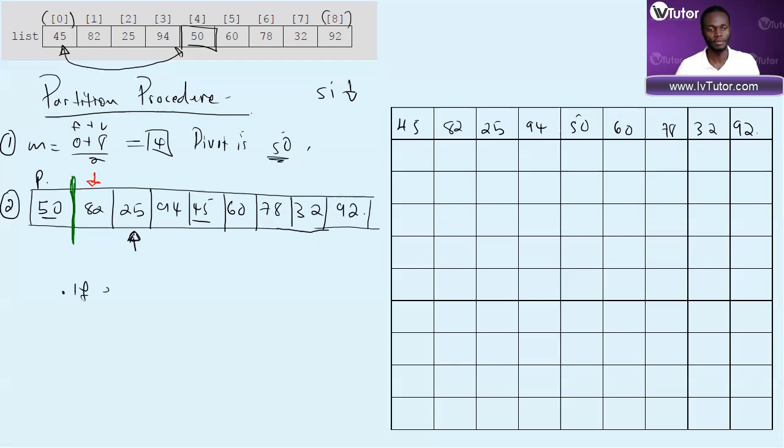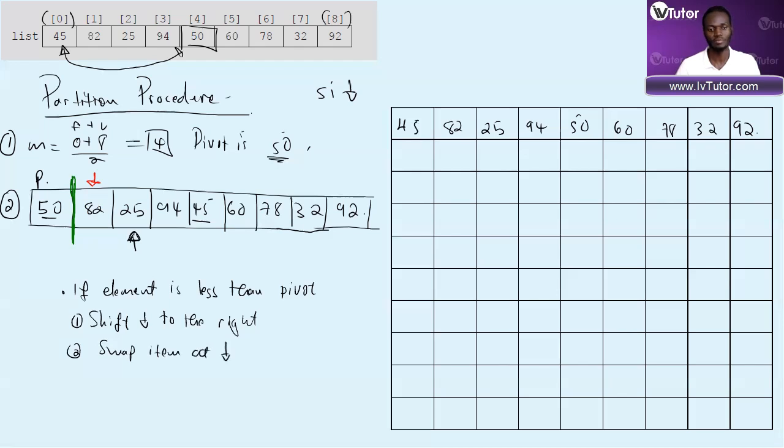If element is less than the pivot, you're going to do two things. Number 1, shift your small index to the right. Step number 2, swap the item at your small index with current item.